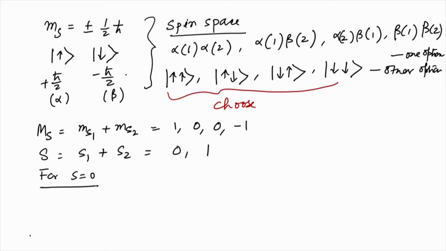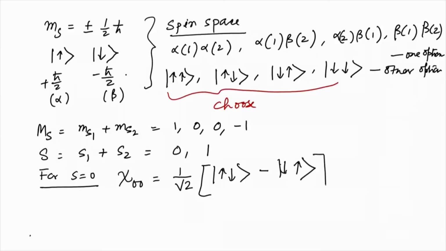So, for S equal to 0, there is just one eigenfunction, and let us write it as chi 0 0, which is equal to 1 over root 2 times up down minus down up. This is called the singlet wave function, and this is antisymmetric.